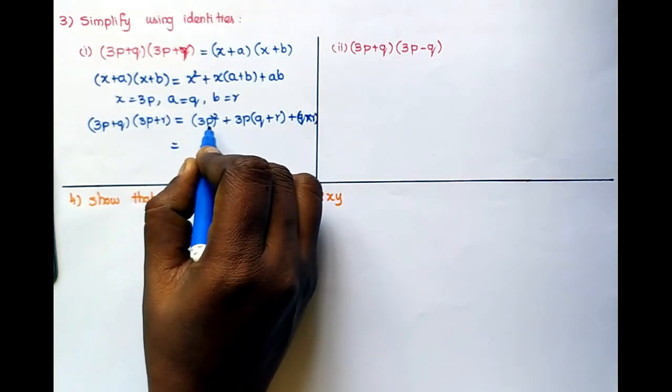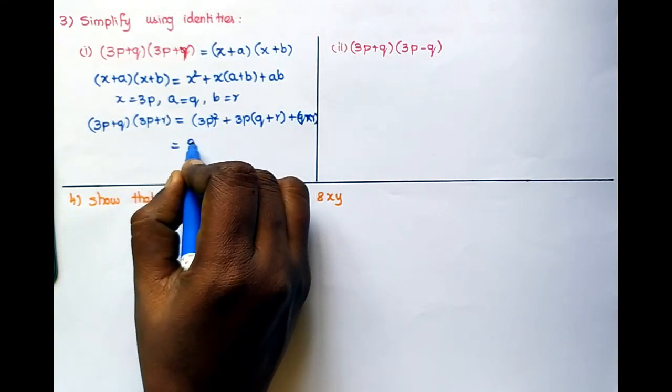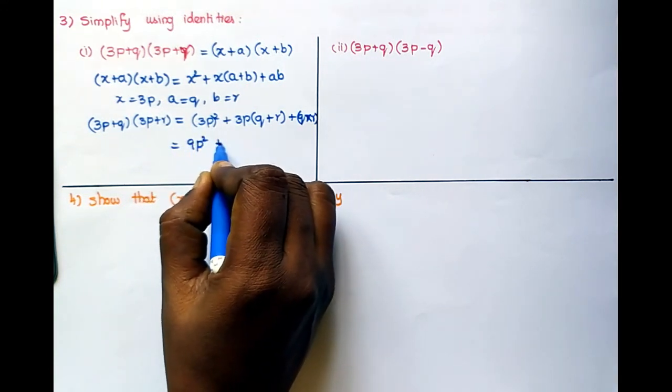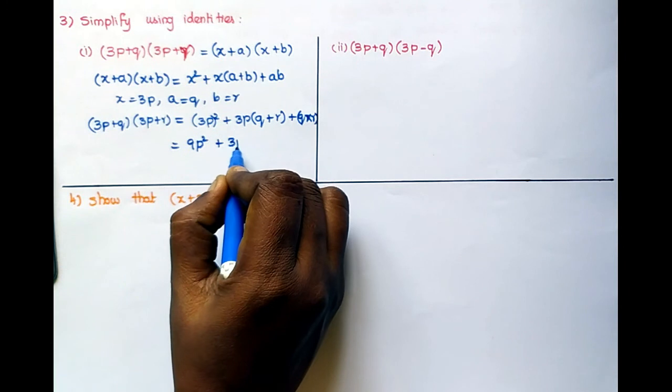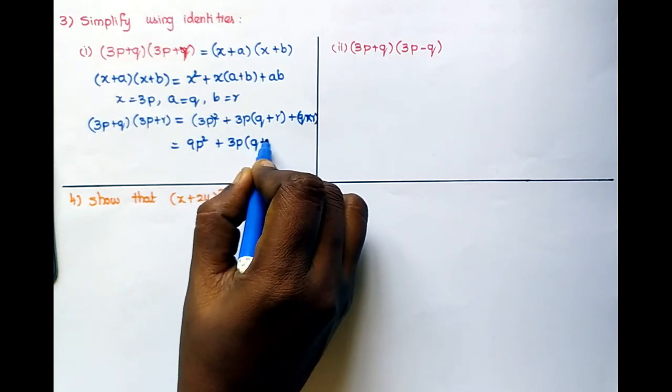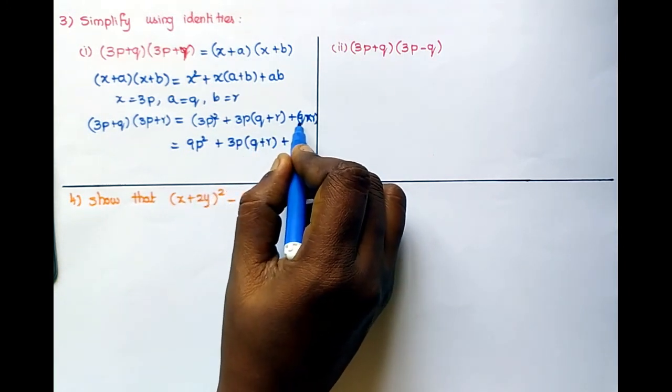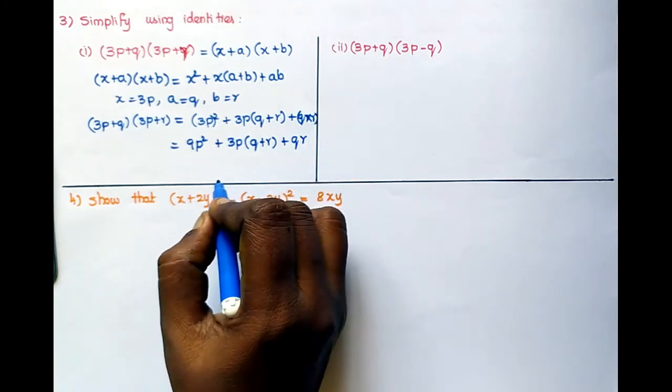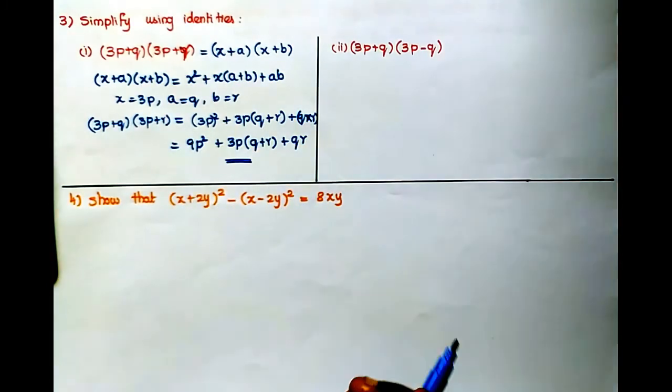Now 3p whole square, 3 square means 9, p square, plus 3p into q plus r, plus q into r, qr. So that is the answer.